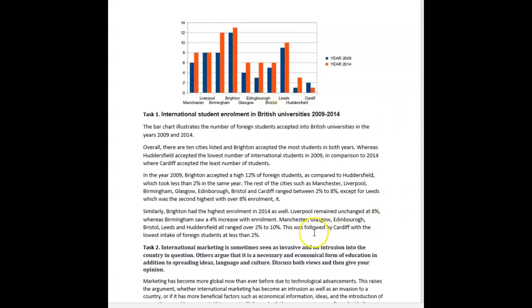Okay, so similarly, Brighton had the highest enrollment in 2014 as well. Liverpool remained unchanged at 8%. Okay, why are you talking about that but not talking about Birmingham? That's a little strange. It doesn't make sense to me to do it like this. So I would have talked about Brighton, as you did, and then I would have talked about Birmingham.